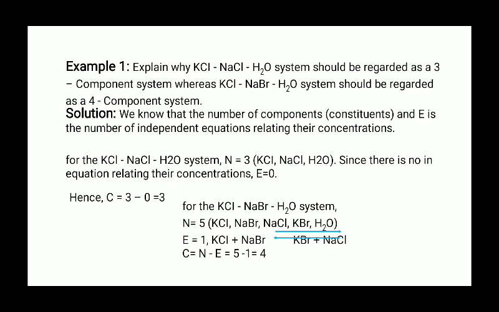Number of components: KCl, NaCl, water, so 3. Relations: none, so 0. So C = N − E, C = 3 − 0 = 3. For KCl, NaBr, water, here we have KCl, NaBr, NaCl, KBr, water, so N is equal to 5. And the relation is 1, there is 1 relation. So C = N − E, 5 − 1 = 4.